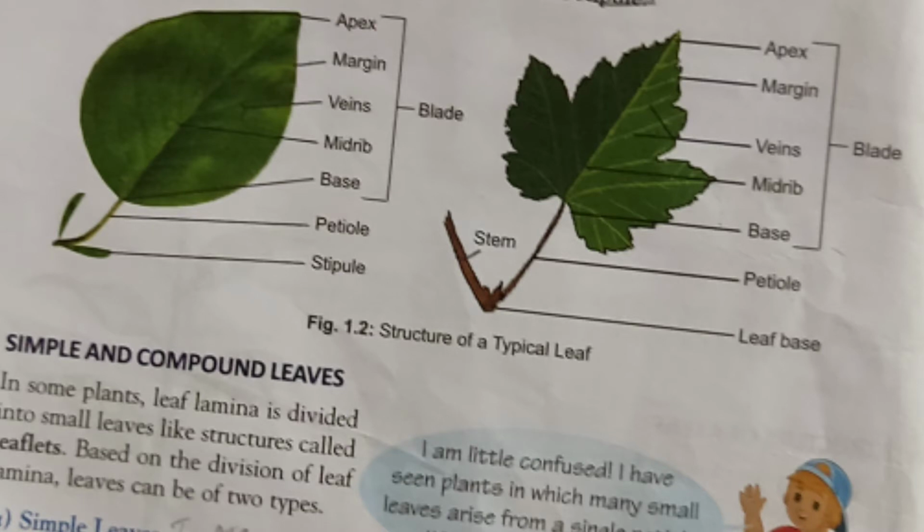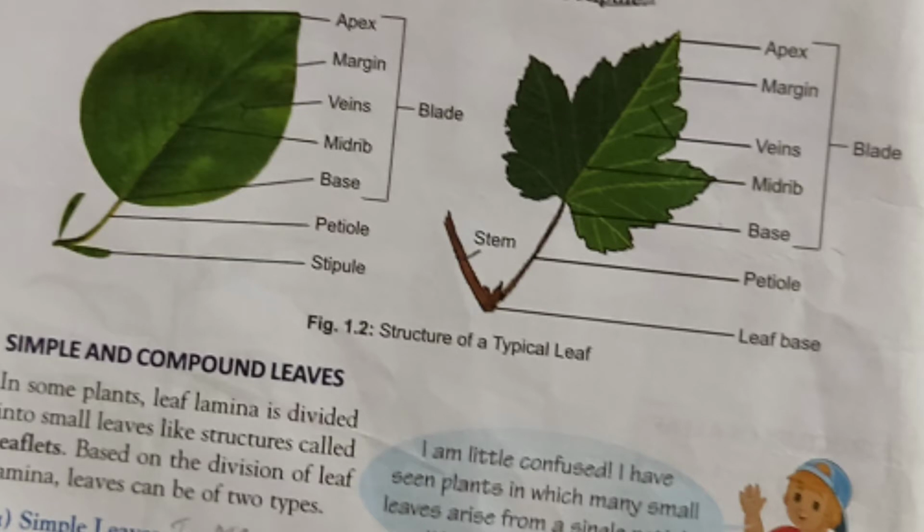Number 3 is midrib. A central thick linear structure called central vein or midrib extends along the length of the lamina. It starts from the apex and continues into the petiole. The midrib divides into several lateral branches which are called veins.